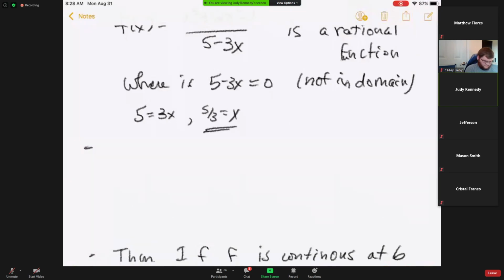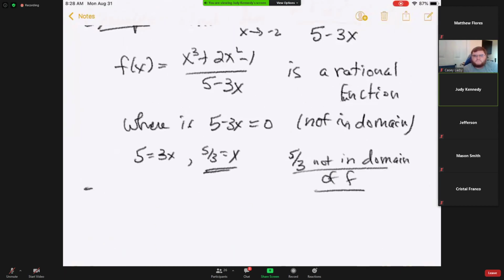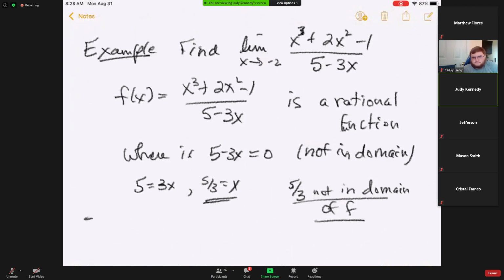So the denominator is equal to 0 at 5/3, and that means that 5/3 is not in the domain of f. 5/3 is not in the domain, but that's the only number that's not in the domain. That's the only number where 5 minus 3x is equal to 0. Minus 2 is fine.